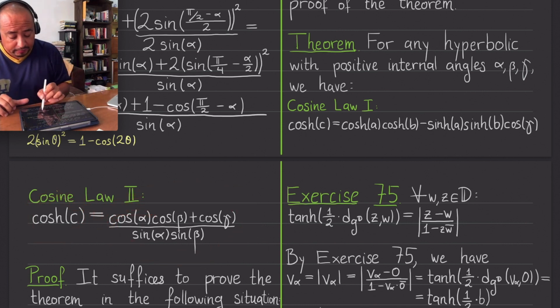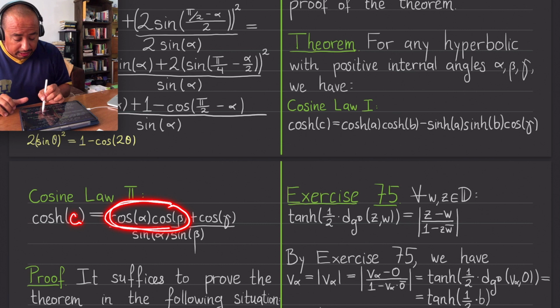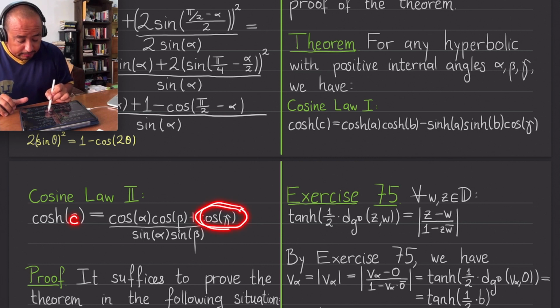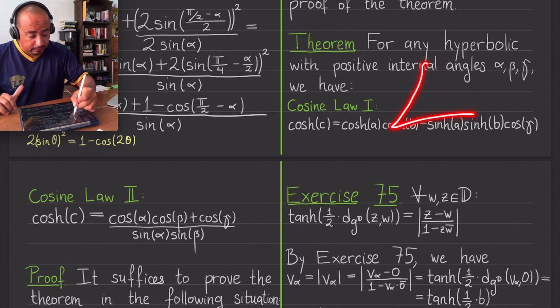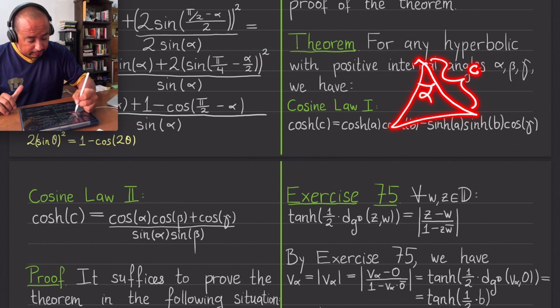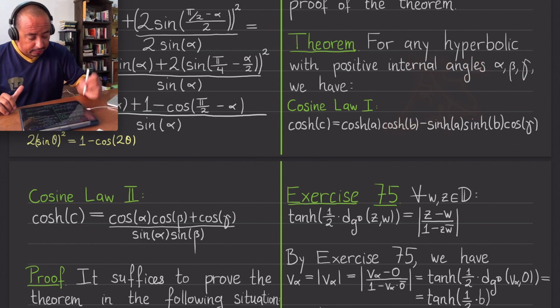The angles adjacent to C are together, and then the angle opposite to C is alone by itself, and everything is divided by the product of the sines of the adjacent angles to C. Recall that if this was C, in the picture I had from before.